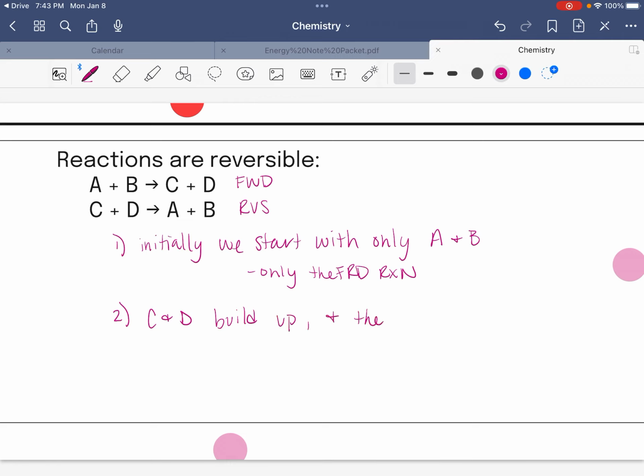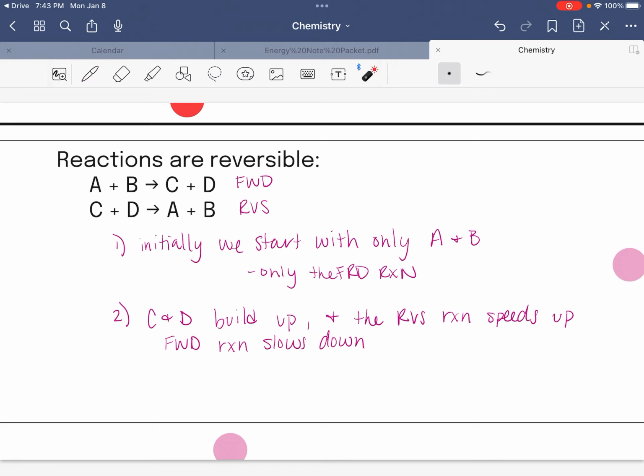And then the reverse reaction speeds up, and the forward reaction slows down.